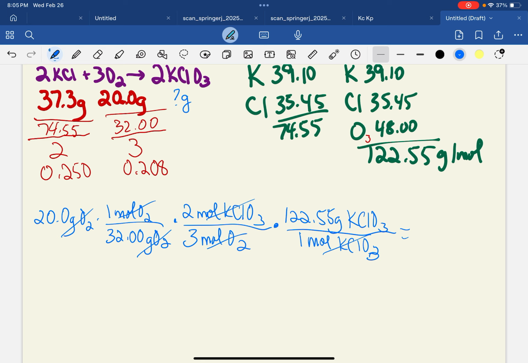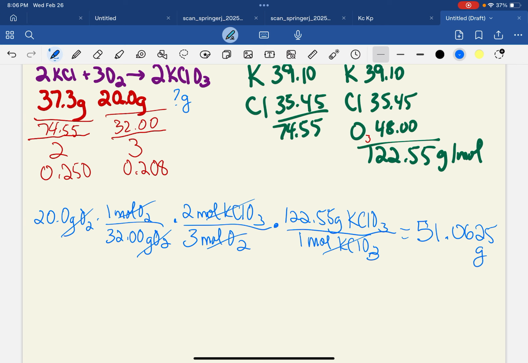So 20 divided by 32 times 2 divided by 3 times 122.55 equals, I got 51.0625 grams.